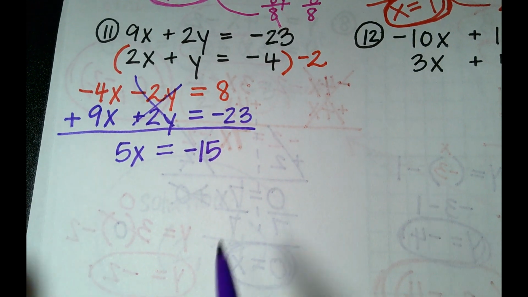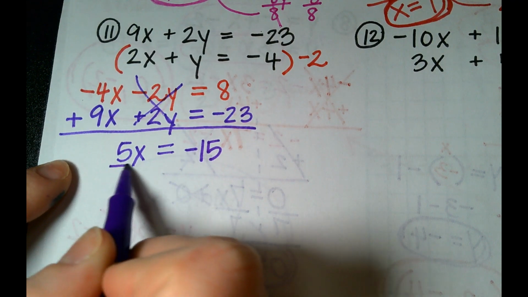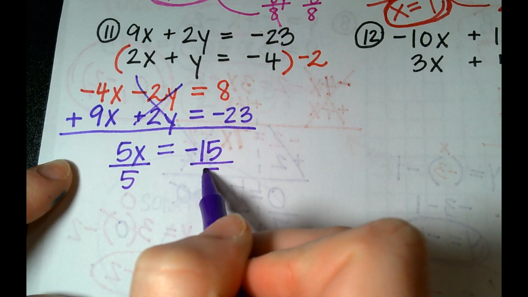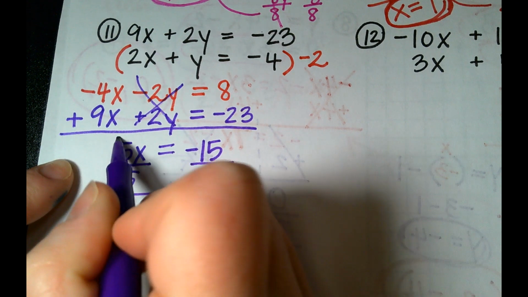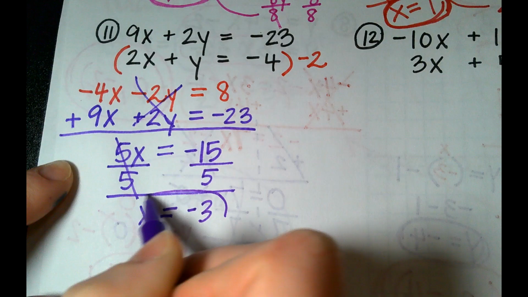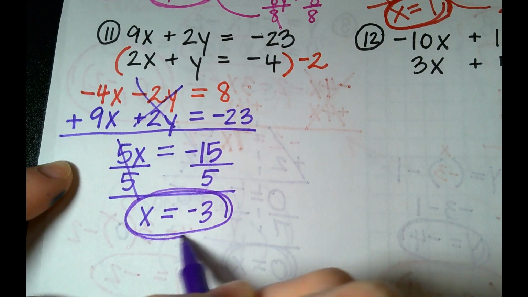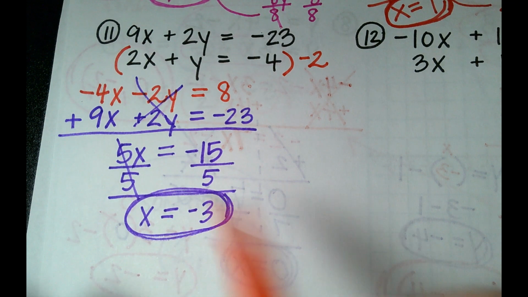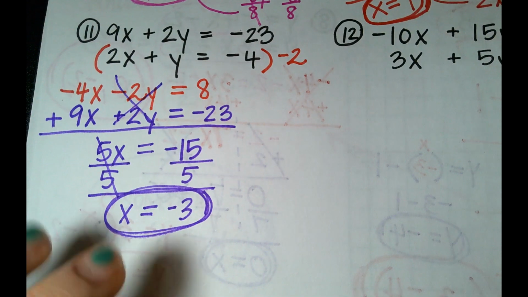All right, last step. Good, divide by 5. X equals -3. Okay, now how do I solve for y? Plug in my x value. I'm going to use the bottom equation because I got smaller numbers here.